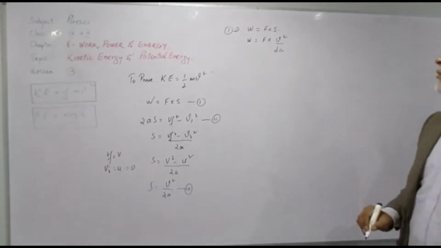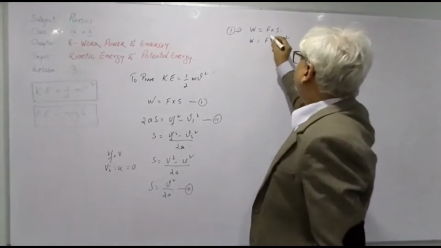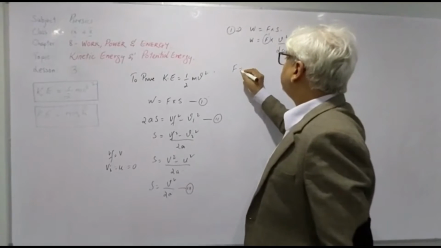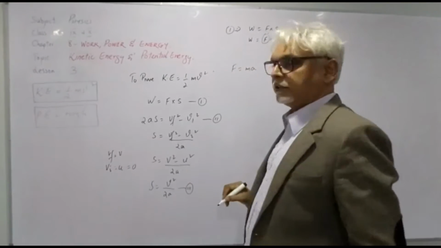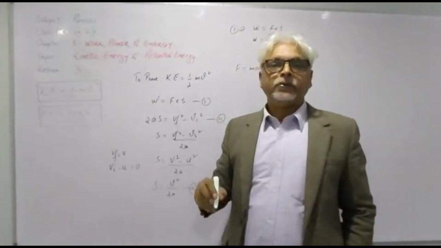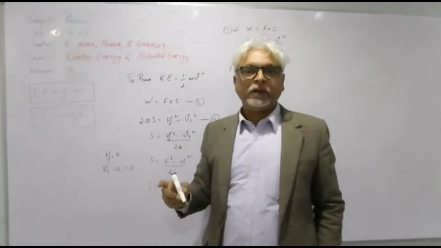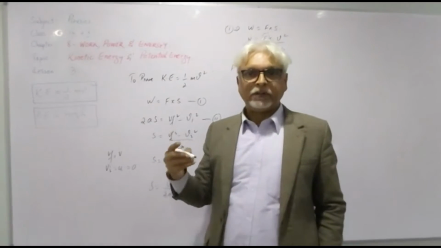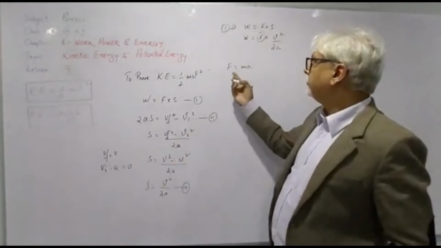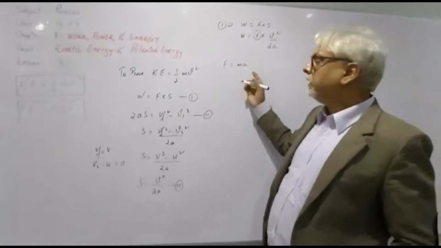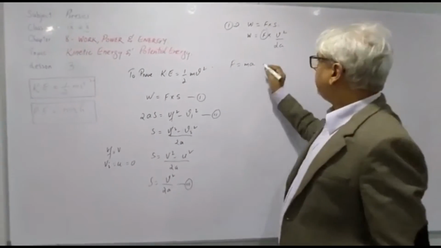Now, what do we do with this force? Force, you know, is equal to mass times acceleration. According to Newton's second law of motion, when an external force acts on a body, it accelerates in the direction of the force, and the magnitude of the force is directly proportional to its acceleration. So I've got equation number 4.